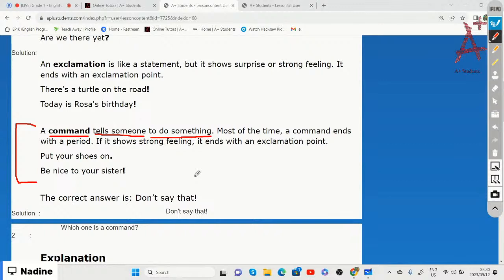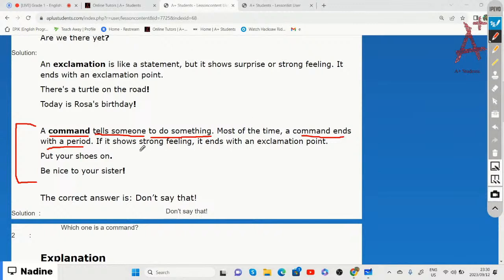Most of the time, a command ends with a period, because I'm just telling you to close the door, do your chores, pick up your toys, pack your clothes away. So it ends with a period.